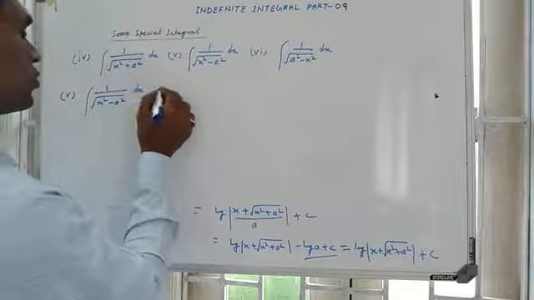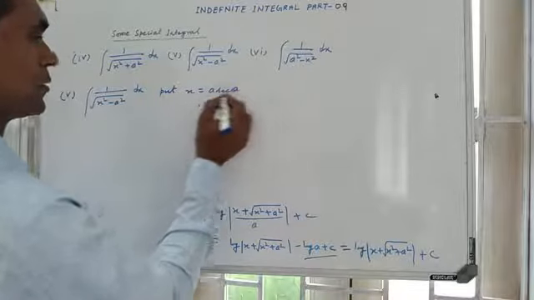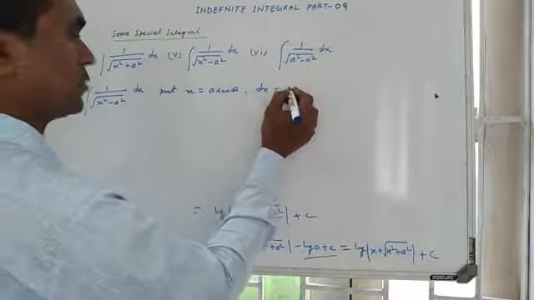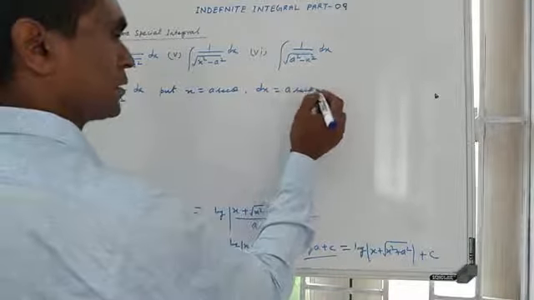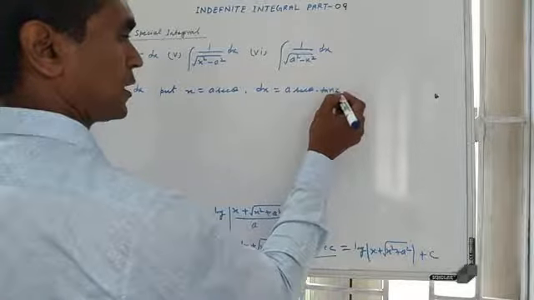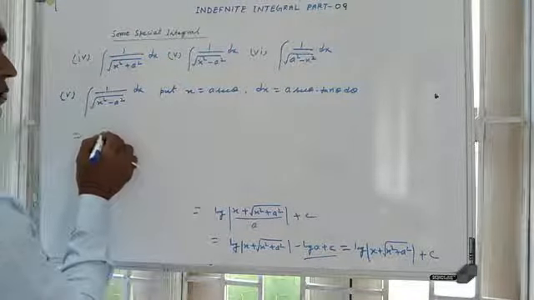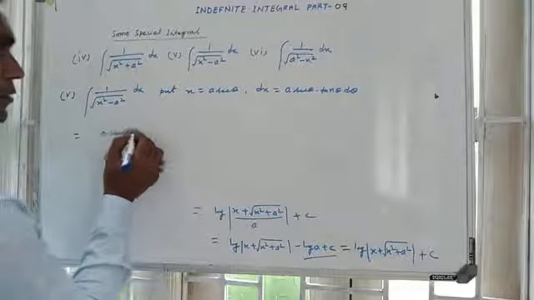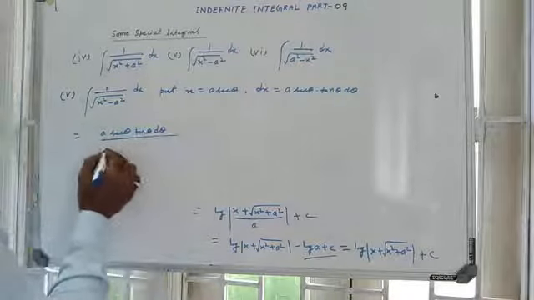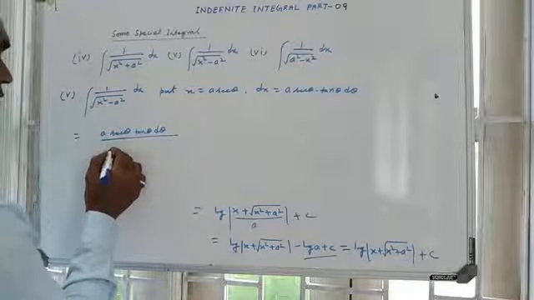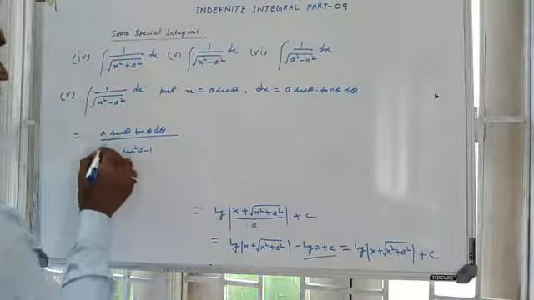So put here x equals to a sec theta, then dx equal to a, and derivative of sec theta is sec theta into tan theta d theta. So this will become a sec theta tan theta d theta by a, sec square theta minus 1 under root, a square is common.